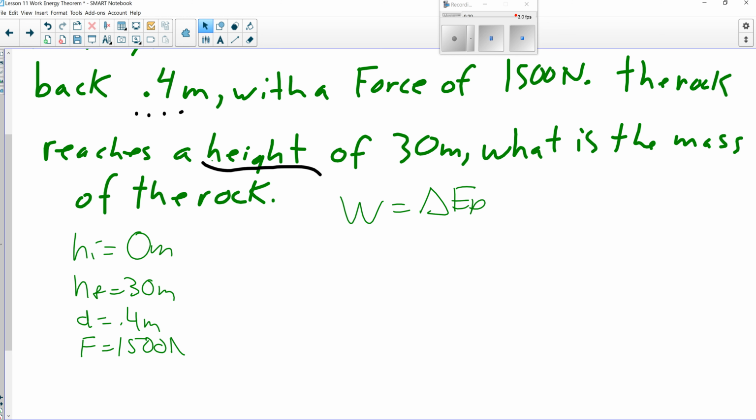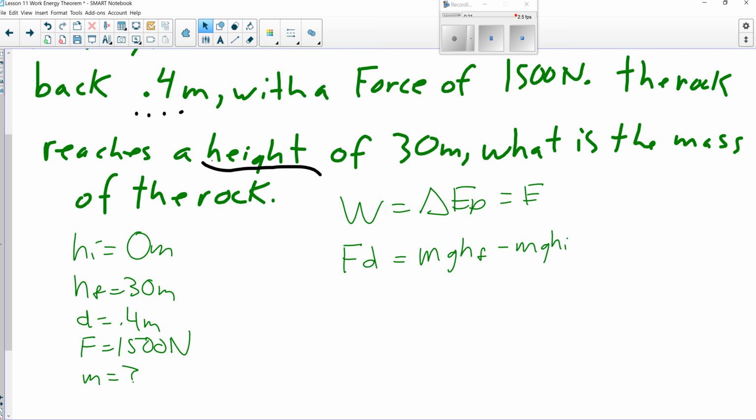All right, we're looking for the mass of the rock. I'm going to expand this out now. I know that I have force and distance, so I'm going to expand work to its formula. And then I'm going to expand this to its formulas. That's going to be m times g times h final minus m times g times h initial, because that's what this means.